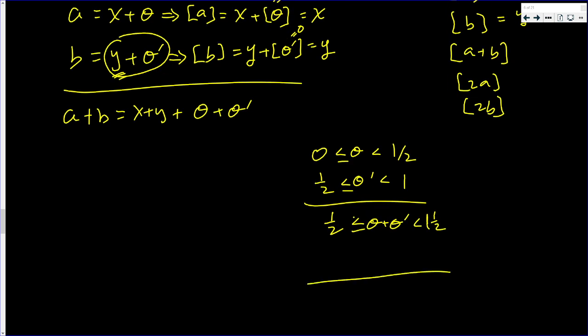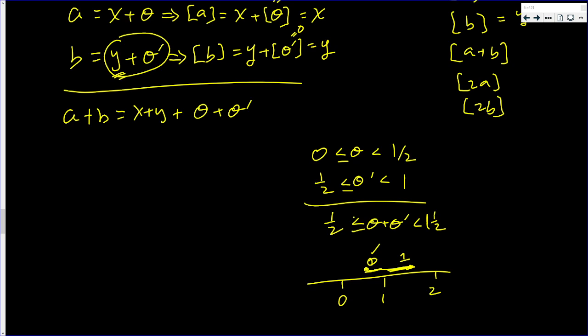Okay. So if you have a number, here's 0 and 1 and 2, you have a number from here to 1.5. You're either going to get 0 or 1. If you're over here, the greatest integer will be 1. And if you're over here, the greatest integer will be 0.